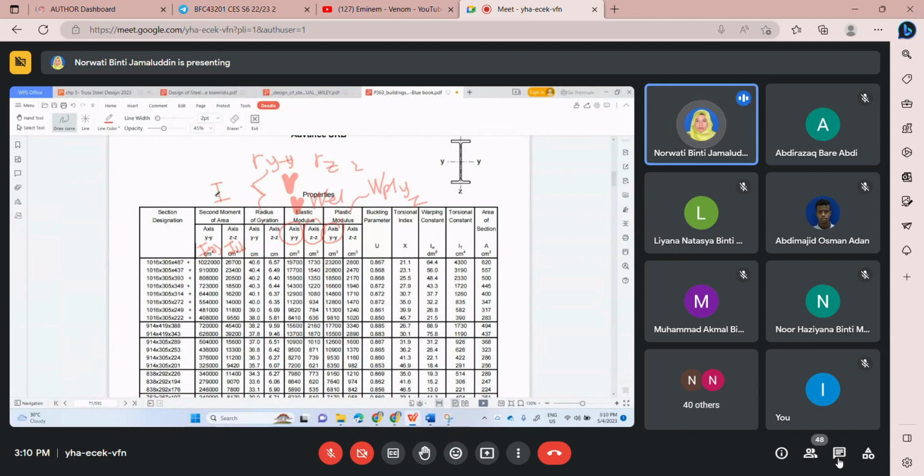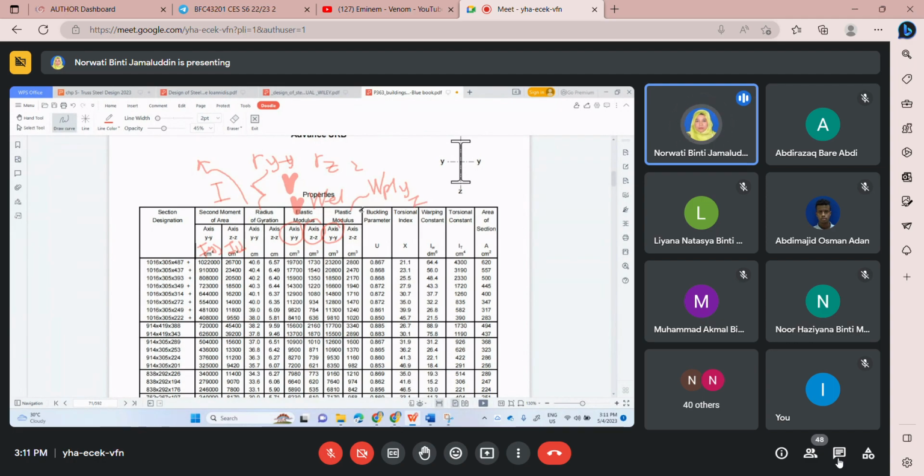Sometimes in the formula the radius of gyration is also known as, sorry, I forget. Nanti kalau saya ingat saya beritahu.